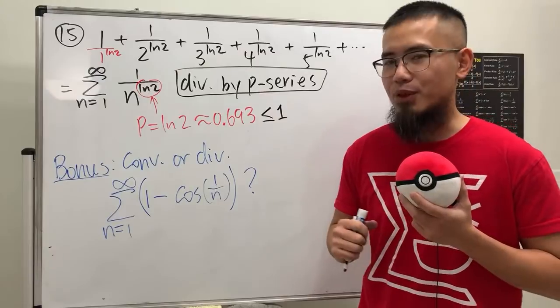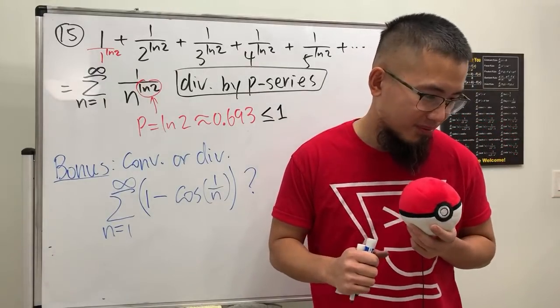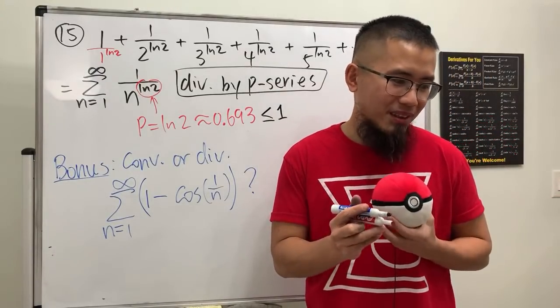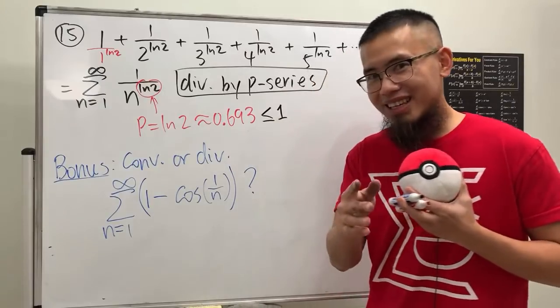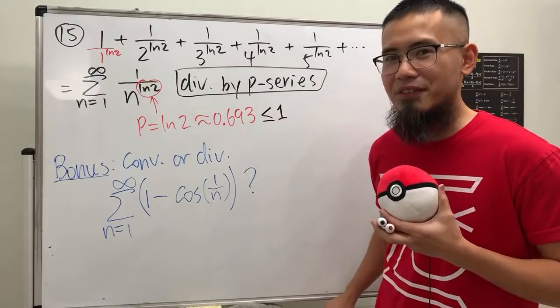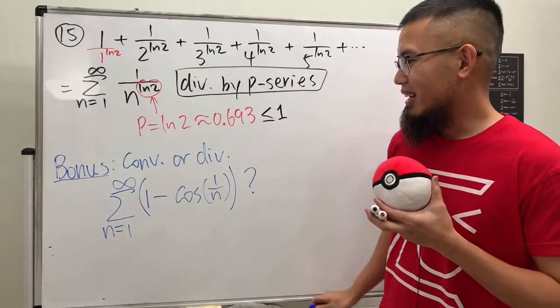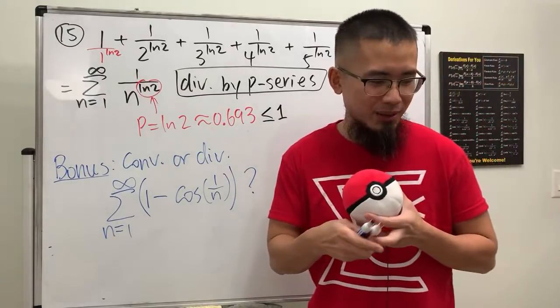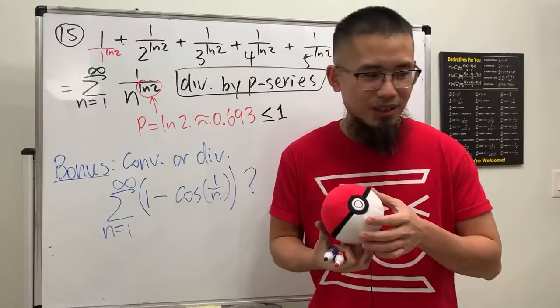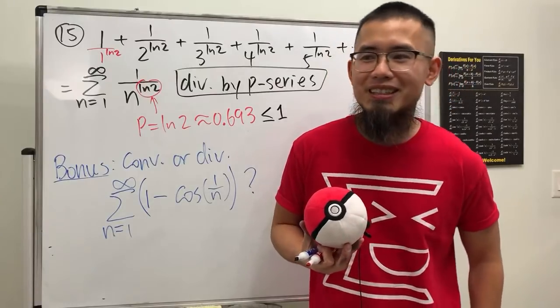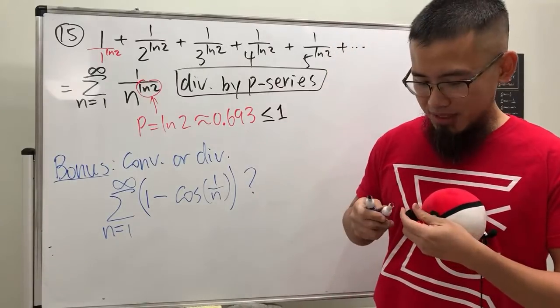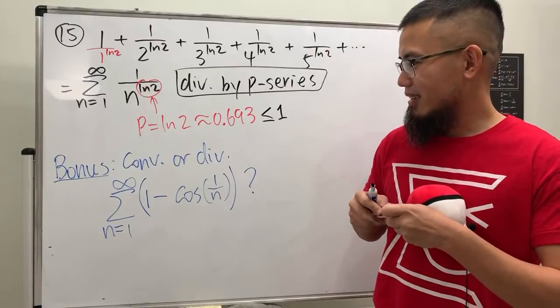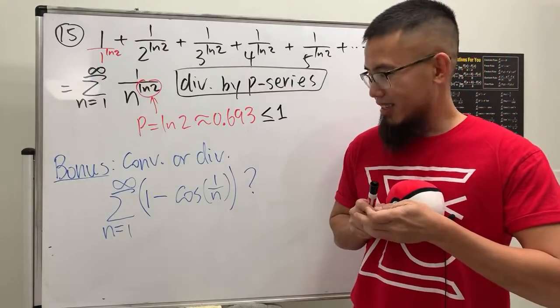Does this converge? Well, don't just tell me converge or diverge on the test. This is not just about a 50-50. It's not just that you put down converge or diverge and then you're allowed to move on. No, it's not like that. You will also have to provide a reason for that. So what do you guys think?